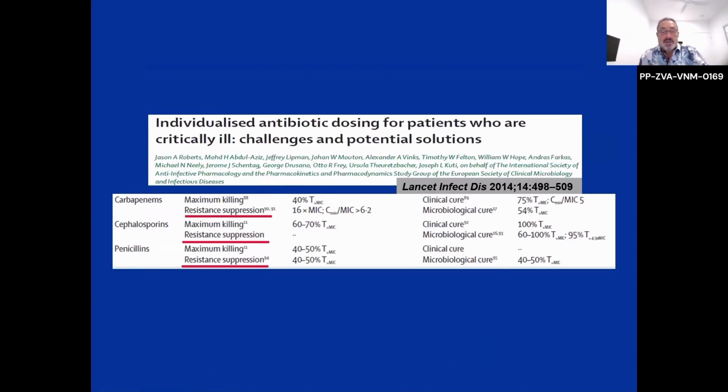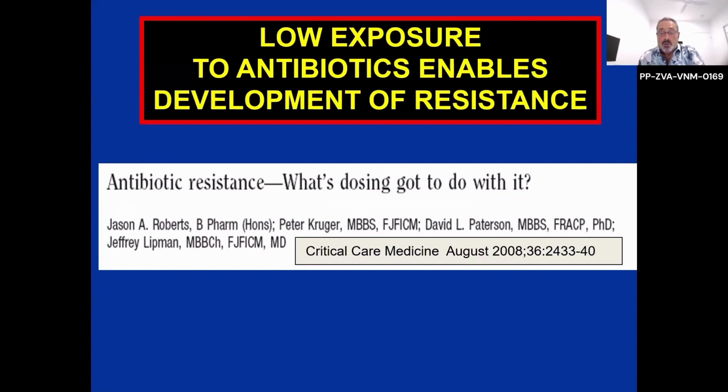And the reason for that is that it's all very well for clinical cure, and that's what you want, but you also want to decrease resistance, and that needs a higher dose than even the pharmacodynamic endpoint for clinical cure. I'll point out to you that if you do underdose or if you don't dose adequately, organisms will become resistant.